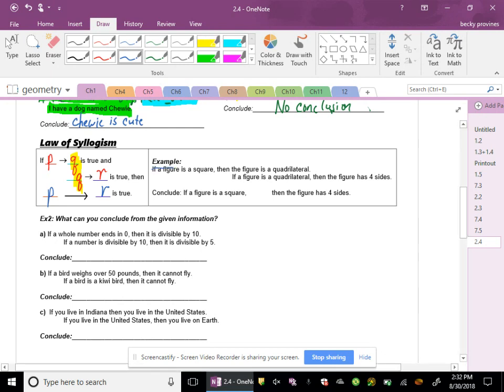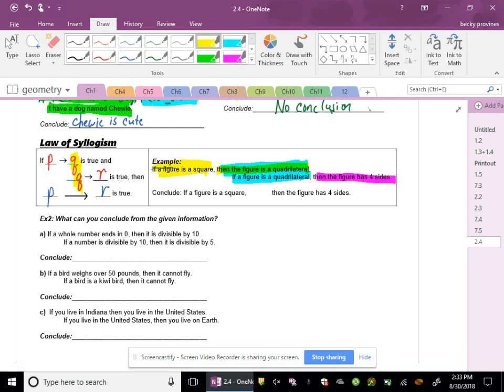It says if the figure is a square, then the figure is a quadrilateral. Now, let's color code this. I'm going to take the second sentence and start the next sentence with the same information. If the figure is a quadrilateral, now I'm going to have a new ending. I'm going to say, then the figure has 4 sides.